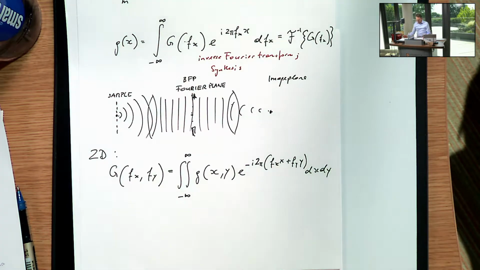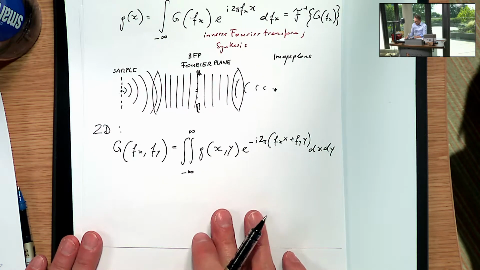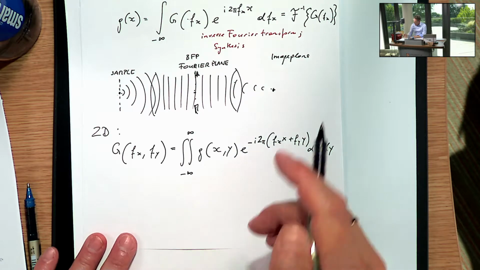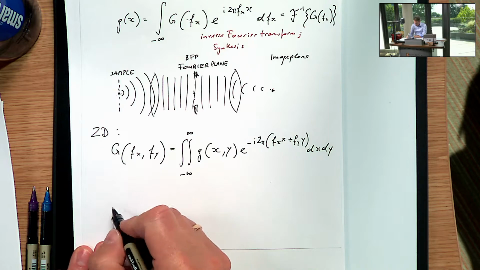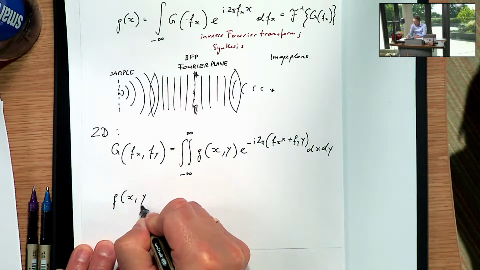Otherwise, there's no difference. And then the inverse Fourier transform is given by g of x, y.